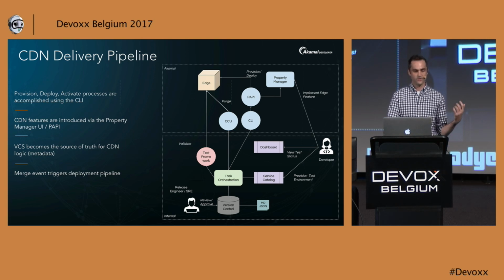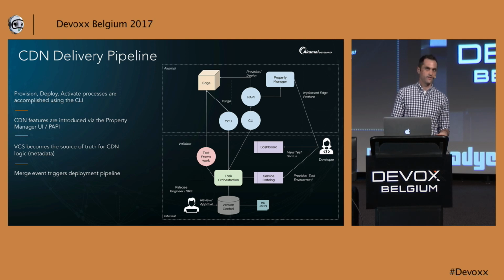We also need to maintain our configuration, our metadata, and our configuration variables in some type of version control system. This is really key because pretty much all CDNs provide some type of built-in versioning scheme. So when you're using a CDN-managed property manager, they're going to be maintaining various states in time of those configuration artifacts.